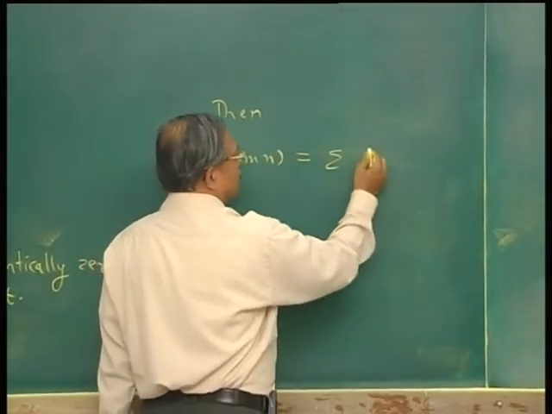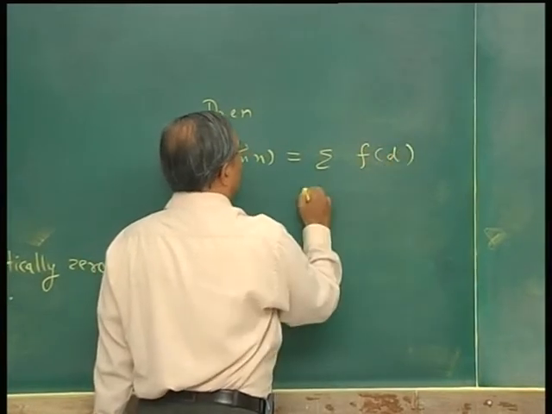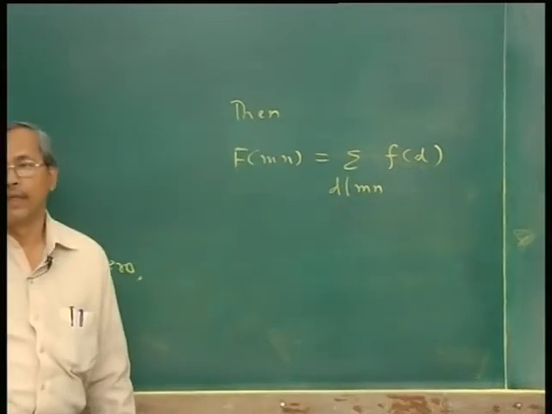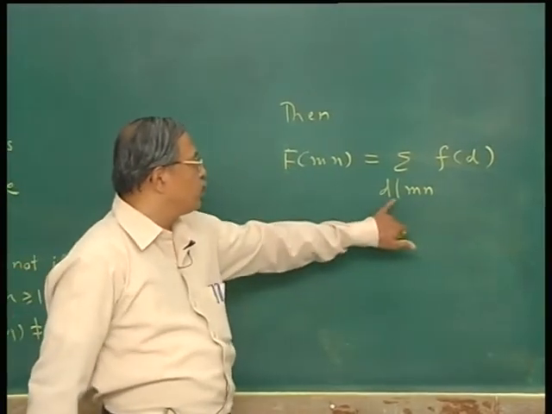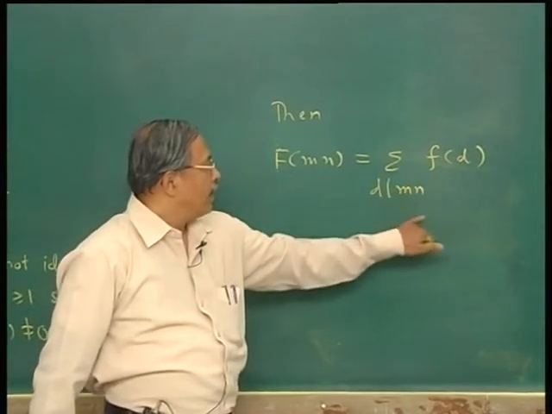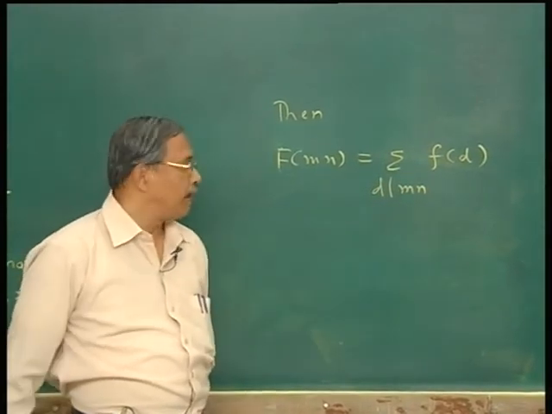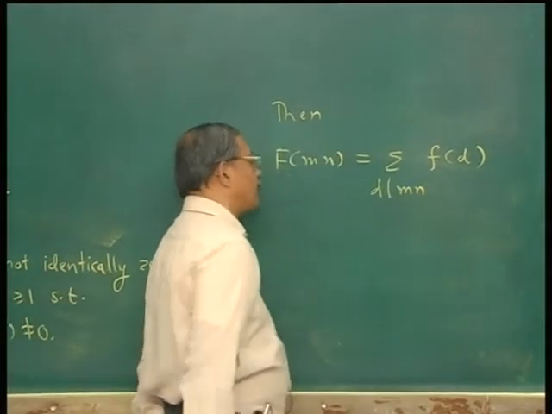So summation of f(d), d dividing mn. So d varies over divisors of mn. And what can I say about divisors of mn? m and n are coprime, so primes in m and primes in n are different primes.